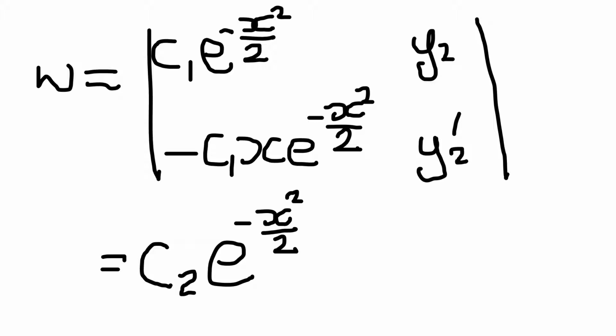And we equate that to our original Wronskian, which we know is of the form c2 e to the minus x squared over 2. This is actually also a first linearly independent solution to the original equation, but of course it happens that the Wronskian is the same in this case. So I've just put that equal to another arbitrary constant, c2 e to the minus x squared over 2.